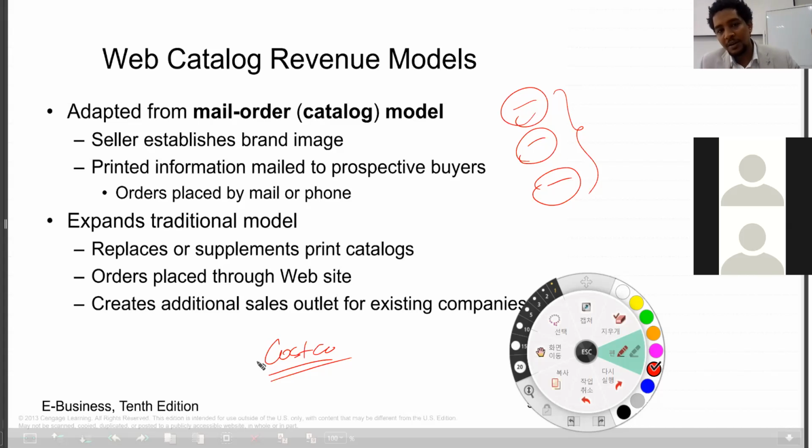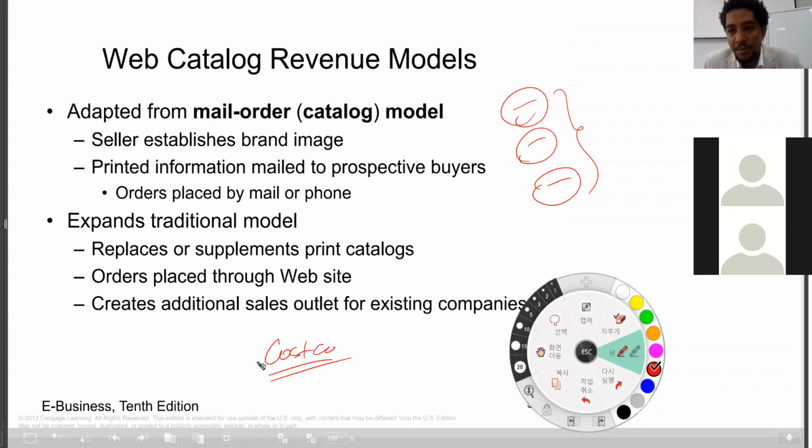But back then, there is a mail order, and customers look at these mail orders and phone call the business or the company, and the company prepares these products. So the same thing is applied now in the web catalog. The difference is here we are not using paper-based transactions, but we are using the web to display information about our products. Just like, for example, IKEA.